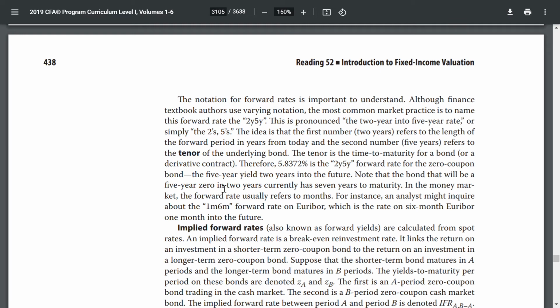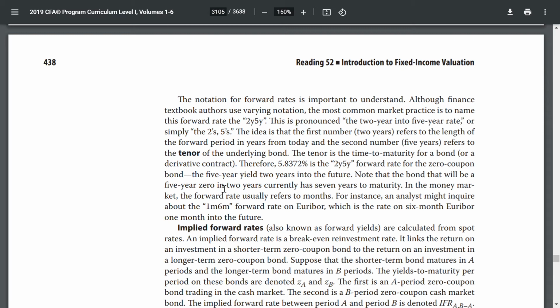The notation of the forward rate is important to understand. Although finance textbooks use varying notations, the most common market practice is the forward rate of the 2Y5Y. This is pronounced the 2-year into 5-year rate, or simply 2s5s. The idea is that the first number, the 2-year, refers to the length of the forward period in years from today, and the second number, the 5-year, refers to the tenor of the underlying bond.